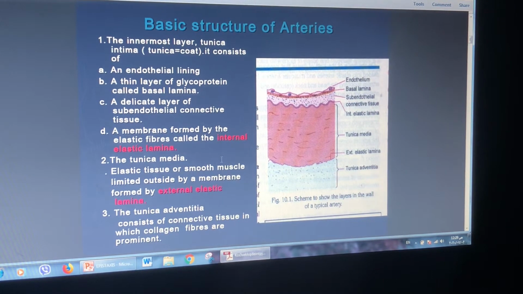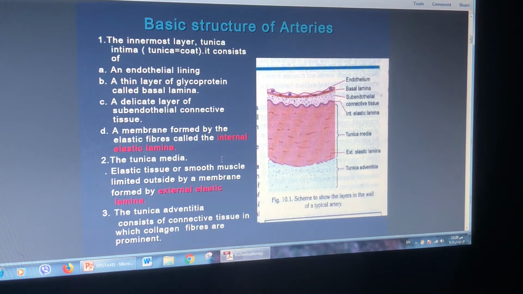The innermost layer, the tunica intima, consists of endothelial lining, a thin layer of glycoprotein called basal lamina, a delicate layer of subendothelial connective tissue, and a membrane formed by elastic fibers called the internal elastic lamina.